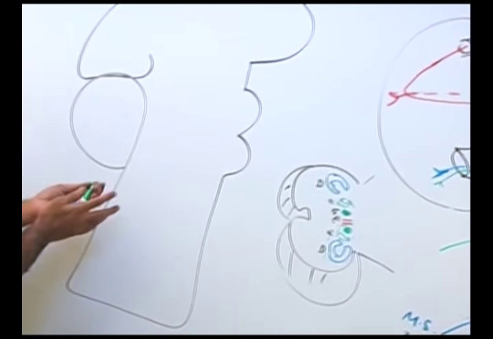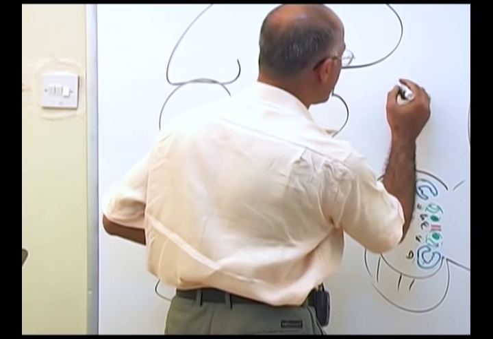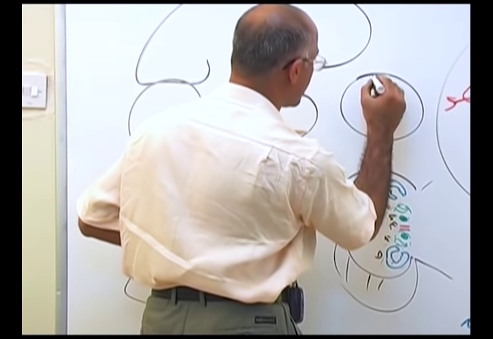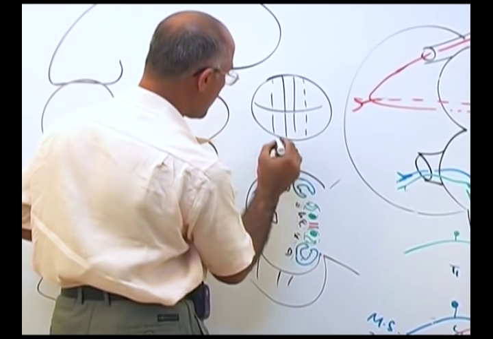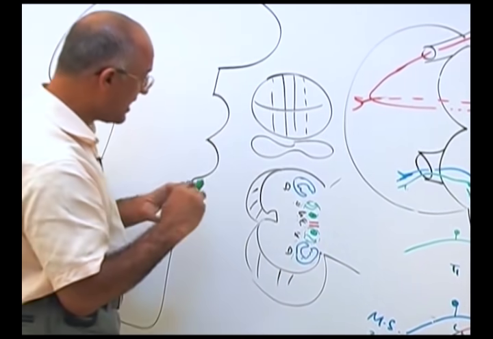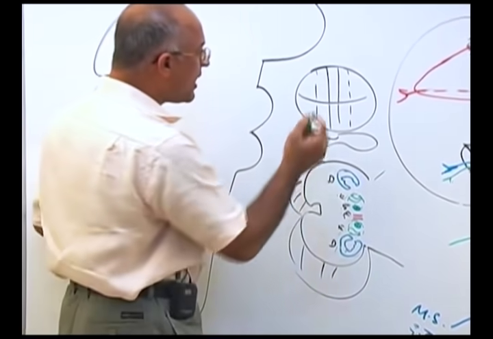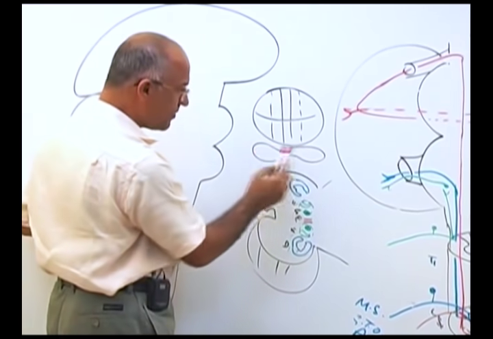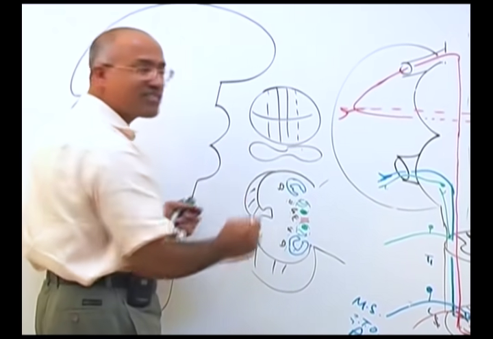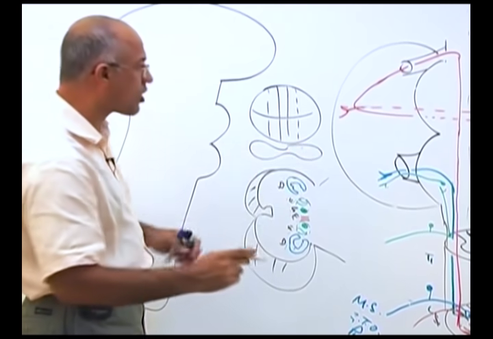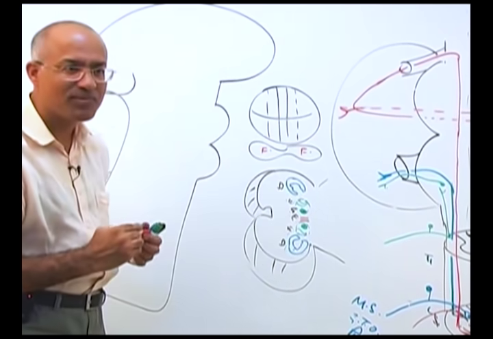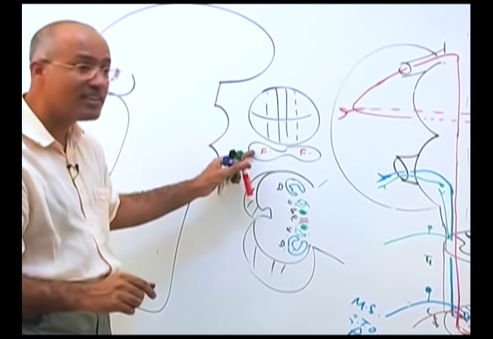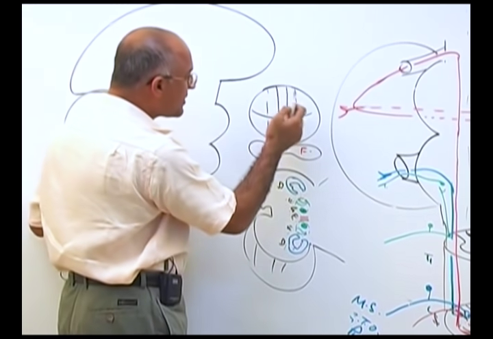Now come back here. This is the diagram. What is this? Vermal, paravermal. Now, actually, all the flocculonodular cortex should be connected with what? Fastigial. Is that right? Because it is archi. What are these?